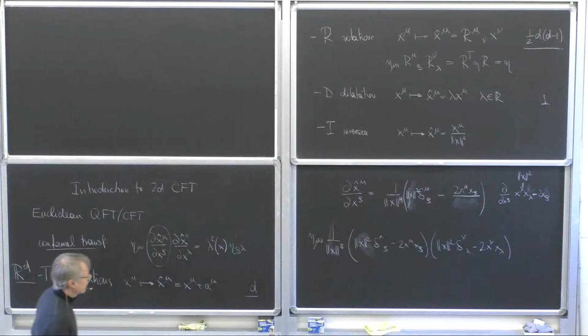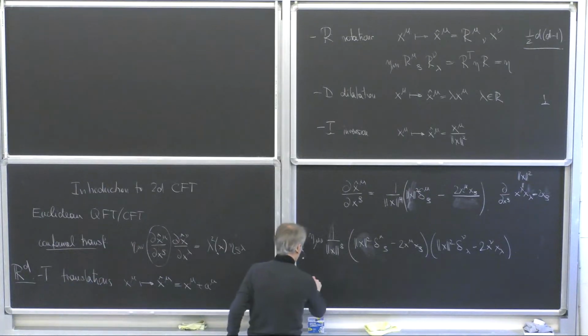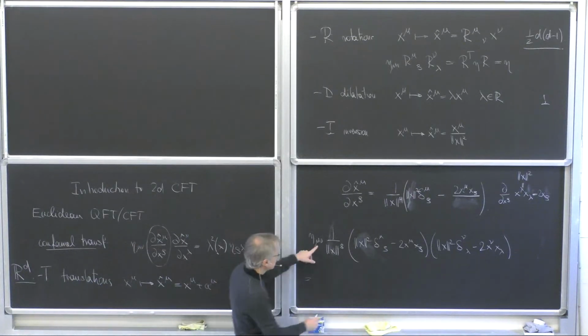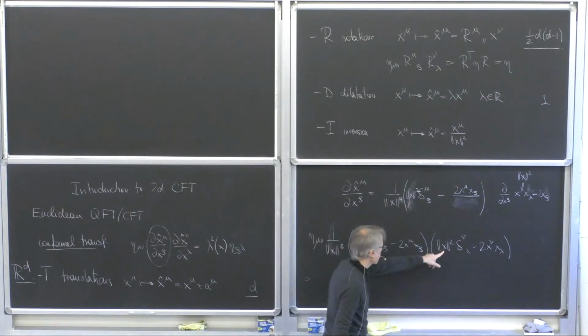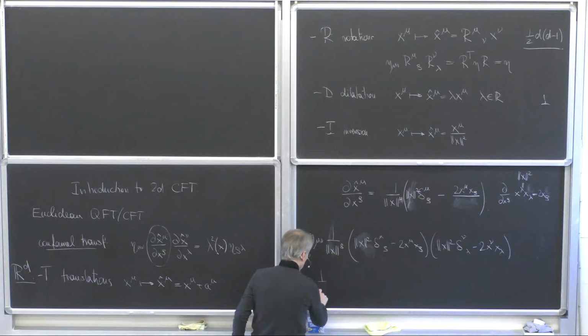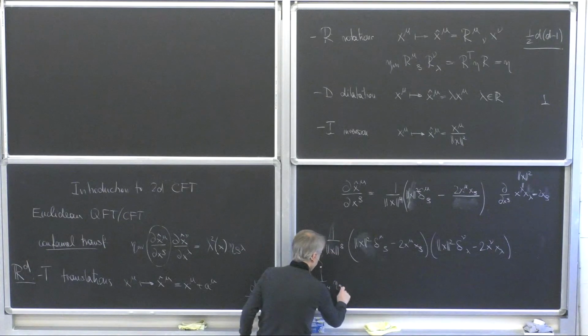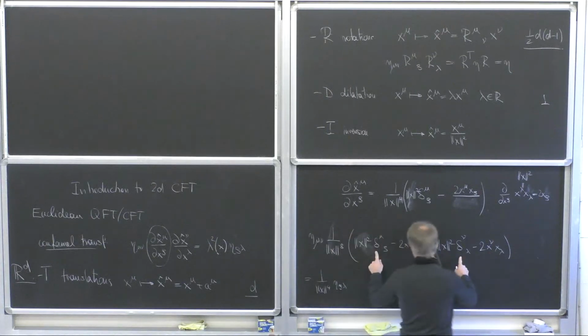Now if I evaluate this, what do I get? Well, obviously not much survives. The η_μν just becomes an η_ρλ with x squared and x squared, so I get a term that looks like 1 over x to the 4 times η_ρλ. This is from this term with this term.